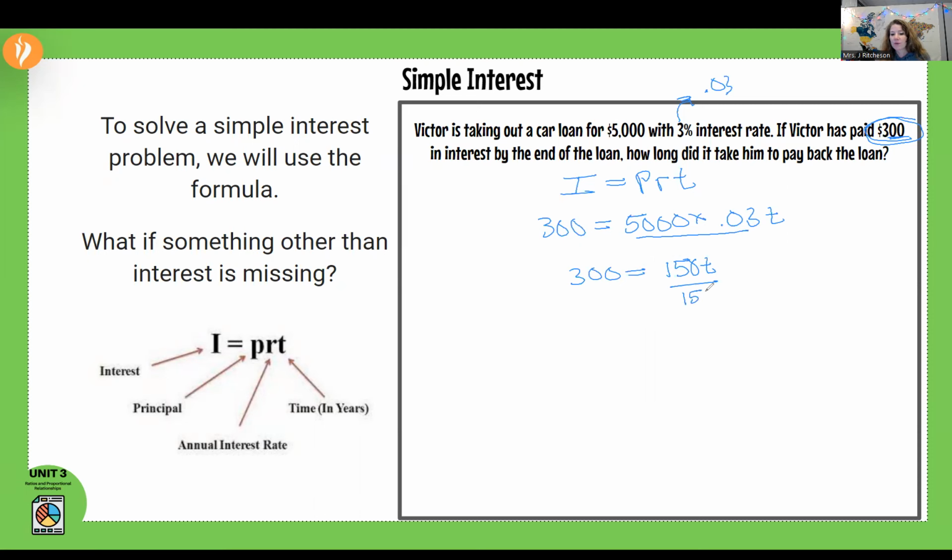We're going to divide both sides by 150. So 300 divided by 150 is 2. So how long did it take him to pay back his loan? It took him 2 years. Okay, so you plug in what they give you and you solve for what they do not give you.